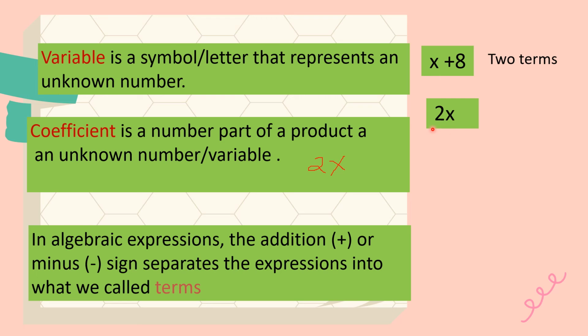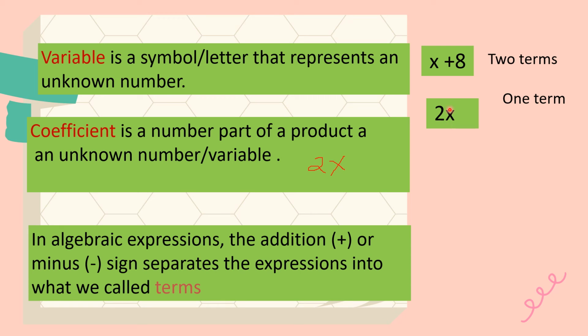2x. 2x is only one term. Why? Because there is no minus or plus sign in between these two numbers here, or two expressions here. So this is only one term, 2 times x, or 2x simply. This one, if there is a number and a variable, it means multiplication.